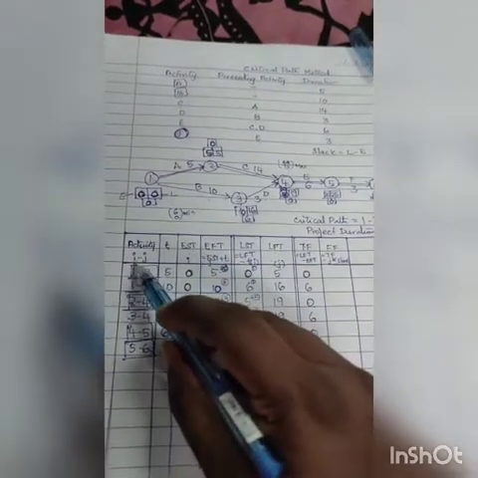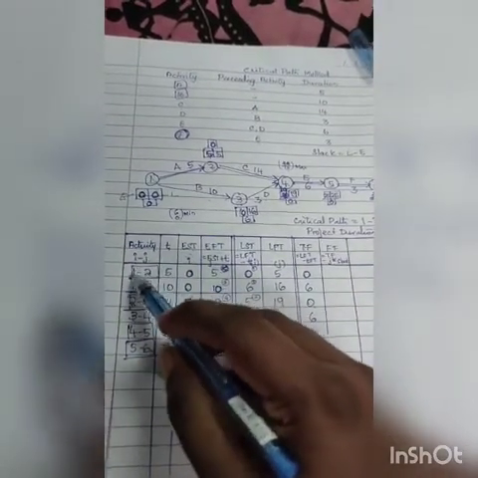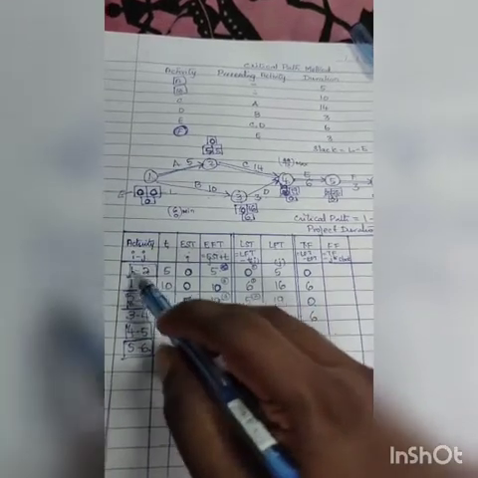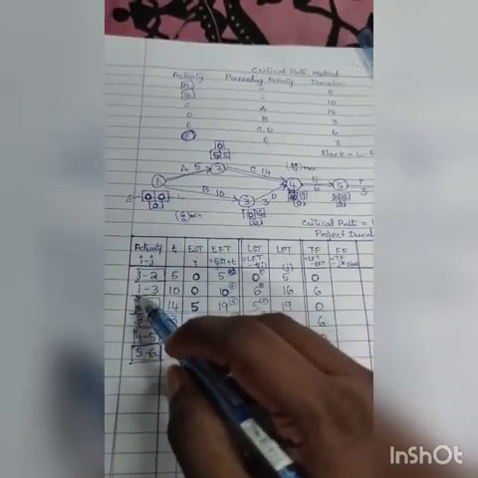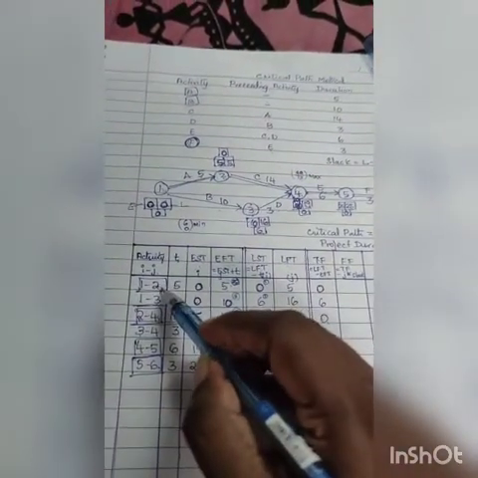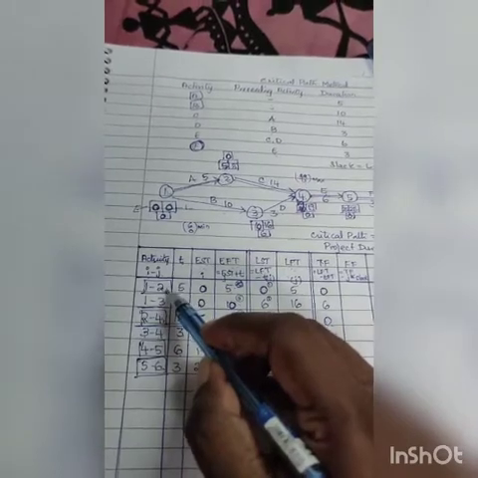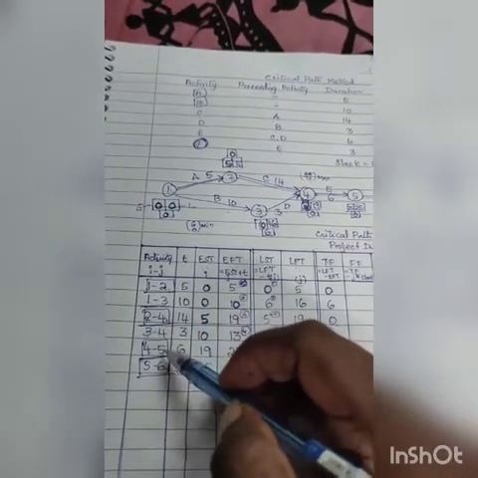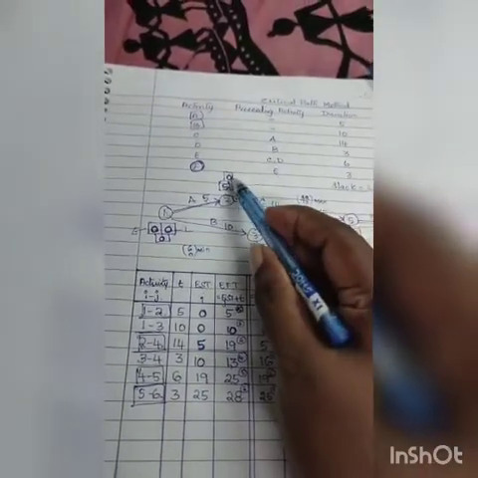I already said I, J, ith activity, J activity. I is 1, J is 2. I is 1, J is 3. I is 2, J is 4. So for everything you have to look at the slack of 2, 3, 4, 4, 5 and 6. The slack is the third box that we have already allocated. So it is already done.